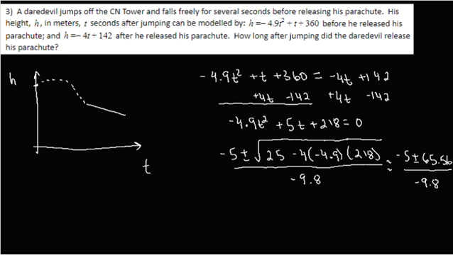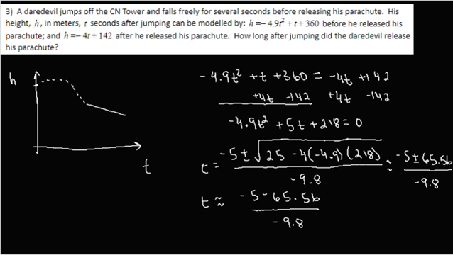Keep in mind, we're looking at a function of time, so a negative time does not make sense. There's no such thing as negative time. So T is going to be approximately negative 5 minus 65.56 divided by negative 9.8.